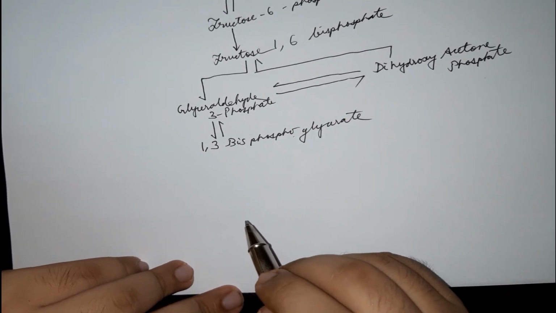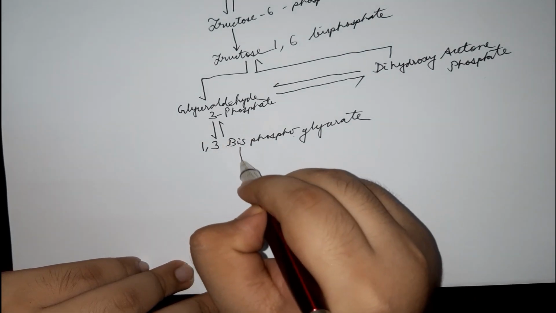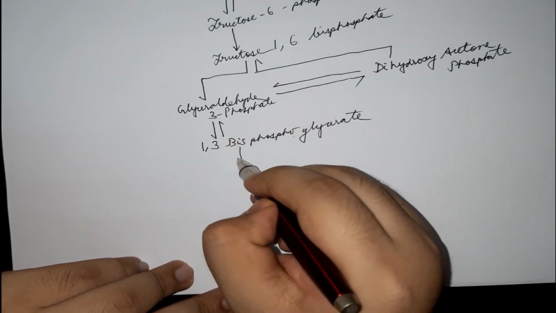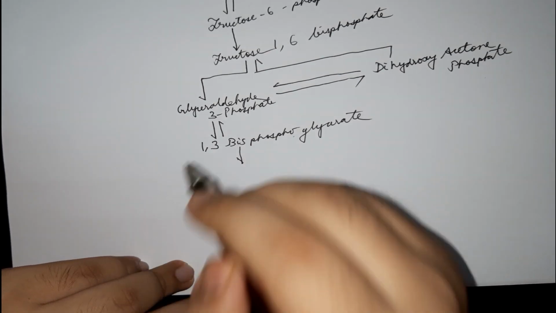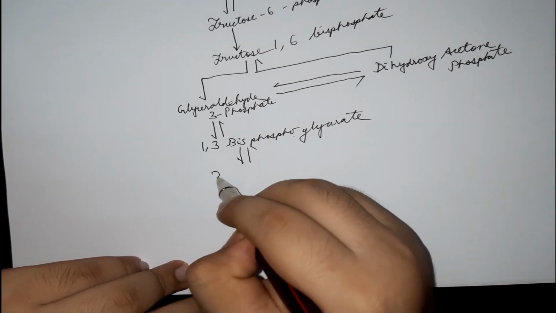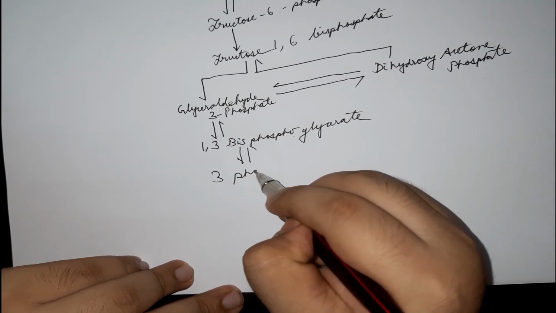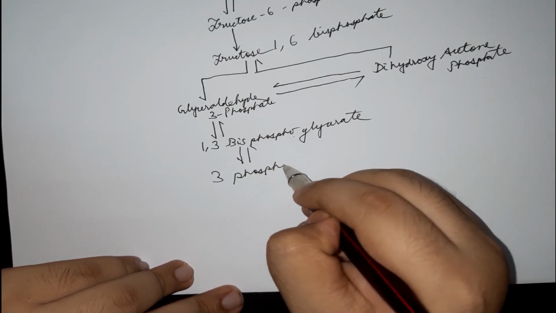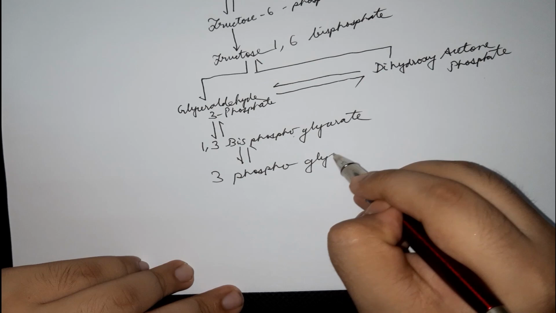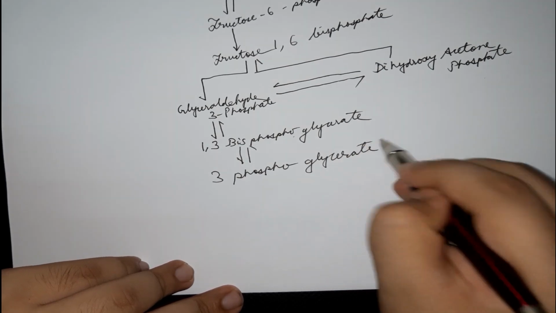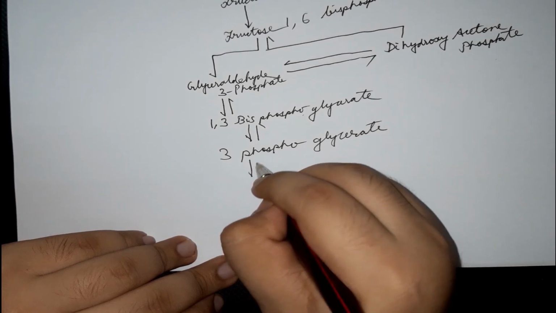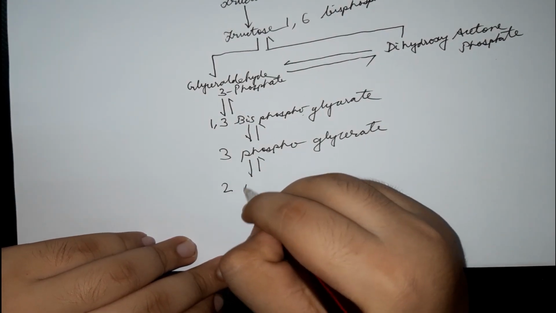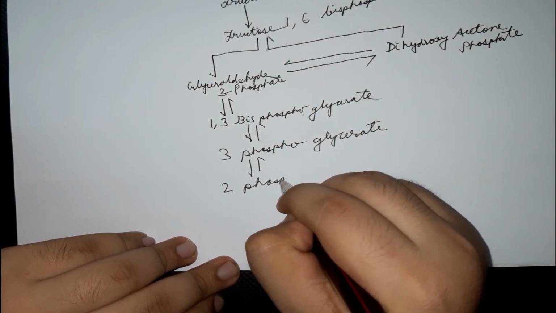Okay, 1,3-bisphosphoglycerate will in turn be converted into 3-phosphoglycerate. Done. 3-phosphoglycerate will be converted into 2-phosphoglycerate.